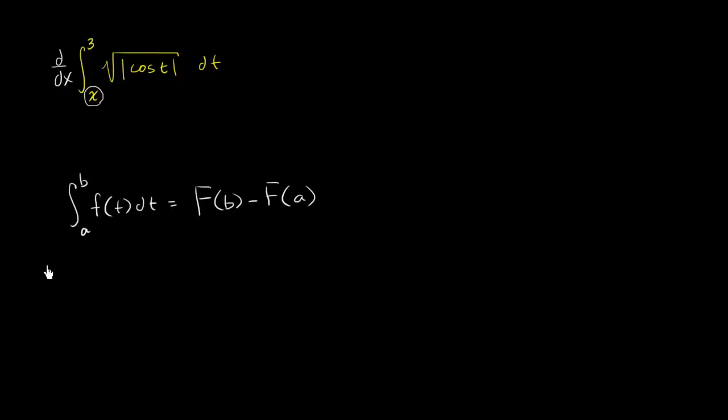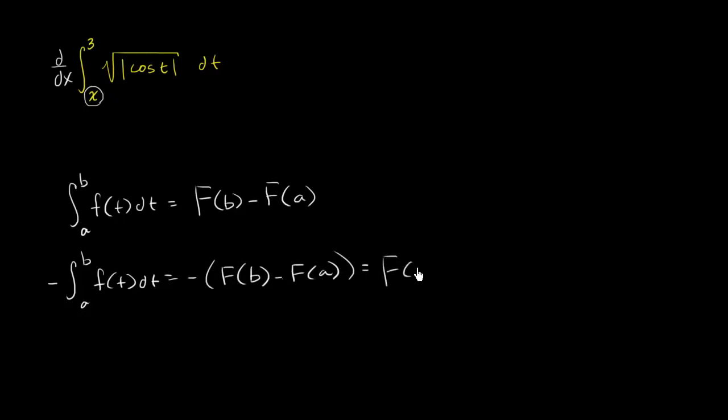Now, let's think about what the negative of this is. So the negative of that, of a to b, of f of t dt, is just going to be equal to the negative of this, so it's the negative of F of b minus F of a, which is equal to capital F of a minus capital F of b.